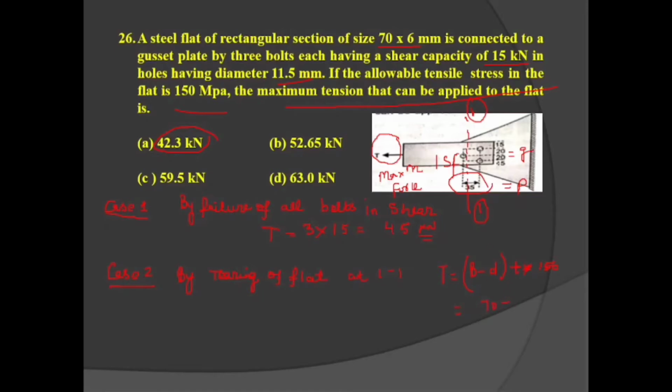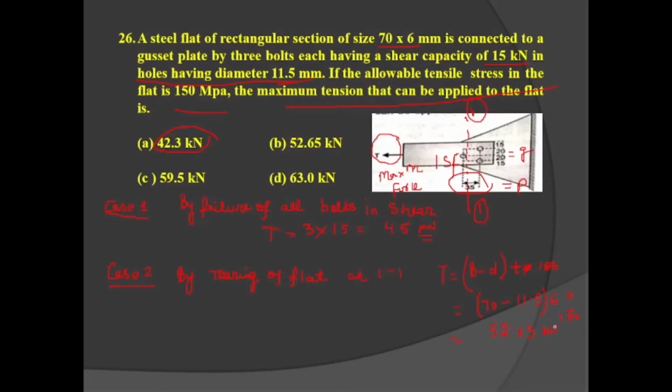From where 70 comes? 20 plus 20 plus 15 plus 15, that is 70, minus gross diameter, given as hole diameter, because hole diameter is called as the gross diameter, 11.5 mm. So 11.5 into T minimum, that is 6, that is given, into 150. So this is equal to 52.65 kilonewton.